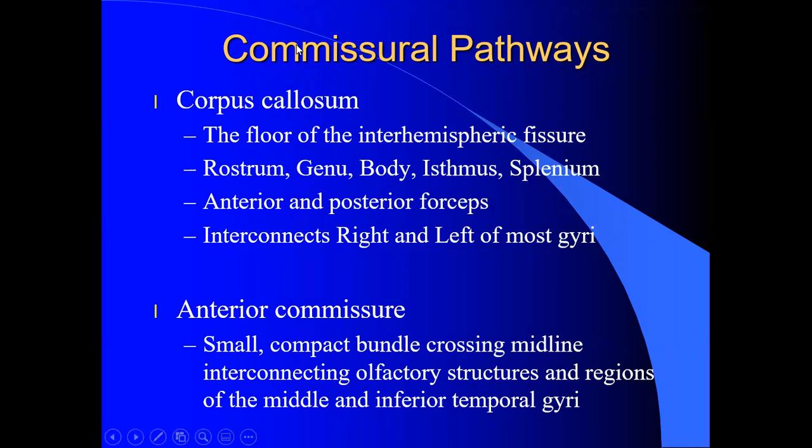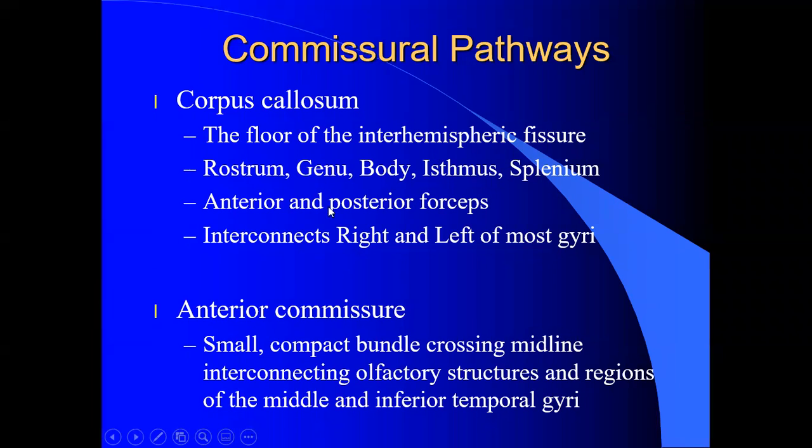Commissural pathways from one hemisphere to the other is obviously the corpus callosum, and we showed you the anterior commissure. In general, of course the corpus can be divided up. When you look at it in the sagittal plane, you can see the rostrum, the genu, the body, the isthmus, and the splenium.